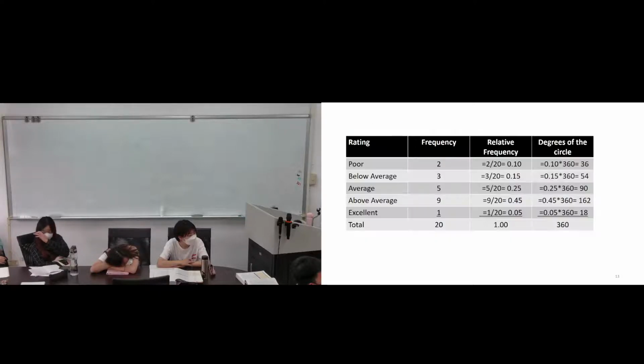So again, let's use the Miranda N example. This is a table that presents the frequency, relative frequency, and degrees of the circle. 10% of the 20 guests rate poor, and then we multiply it by 360 degrees. So in the pie chart, about 36 degrees represent the 10% of the guests that rate poor.